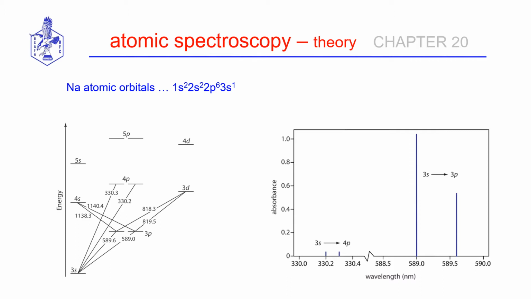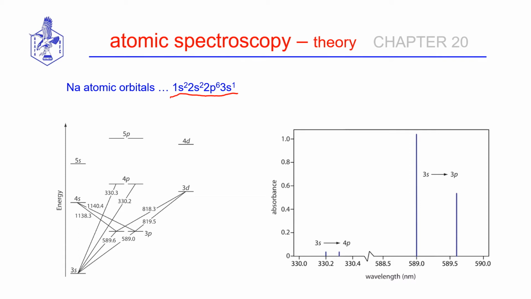For example, sodium is element number 11 with 11 electrons and protons. This is the electron configuration for the sodium atom: the 1s orbital is filled, the 2s orbital is filled, the 2p orbital is filled, and outside of the noble gas core, we have one electron in a 3s atomic orbital.